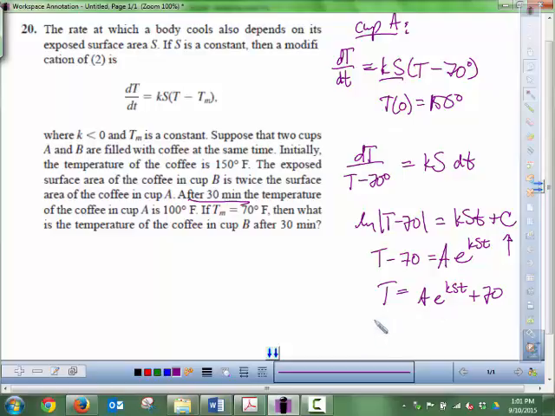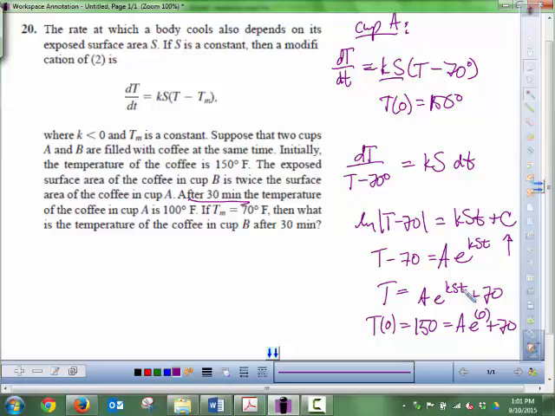So when little t is equal to 0, capital T is equal to 150 degrees. And so we'll use that information. A e to the whole power becomes 0, plus 70. So e to the 0 power is 1, and A is equal to what? 80.